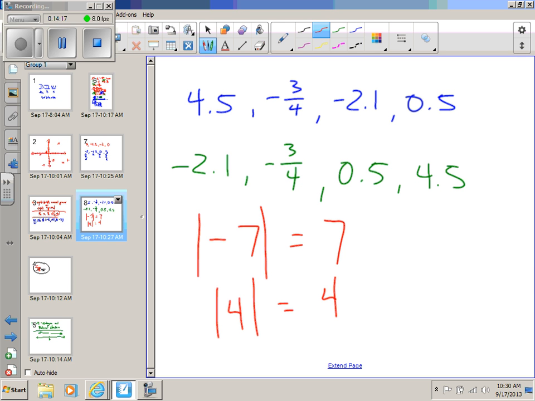Page 67, I don't know if we need to waste our time with numbers 5 through 13. Do I need to have you tell me which one is greater between a 0 and a 7? Or between a 0 and a negative 4? Do you have that handled? Page 68.